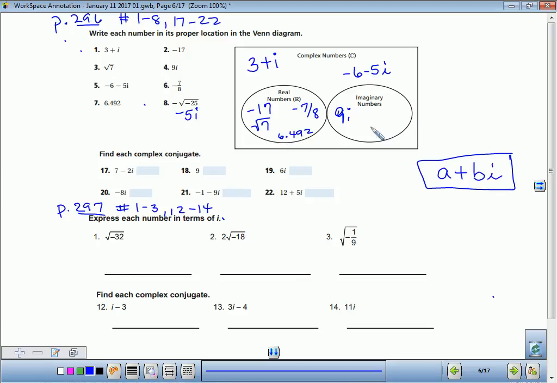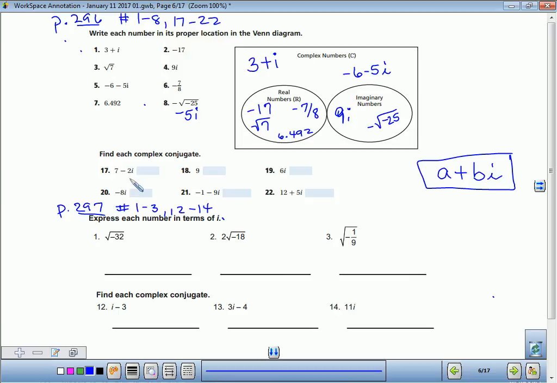So this should live in the imaginary world. Now, please note that all the real numbers and all the imaginary numbers actually fall under the umbrella of the complex numbers, right? They are complex. They just only have one part or the other.